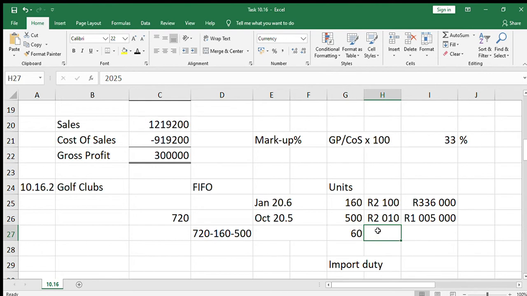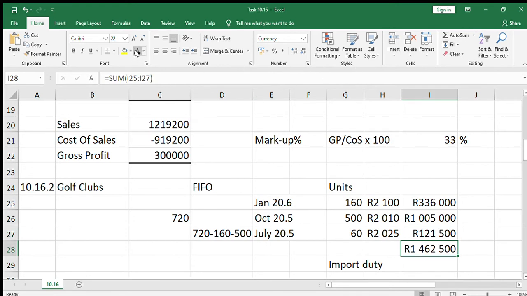And those 60 will be valued at the price in the month before October on the purchases schedule, which is July. And in July, the stock was bought for 2,025 rand. And that gives us an answer of 121,500. We'll then total up all three answers.